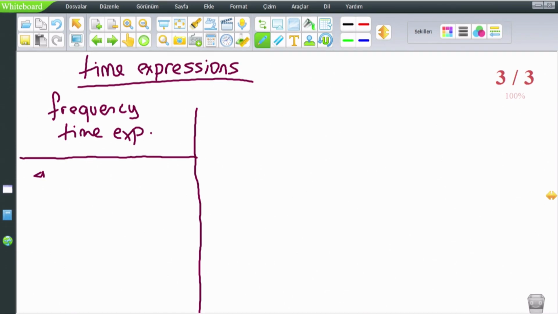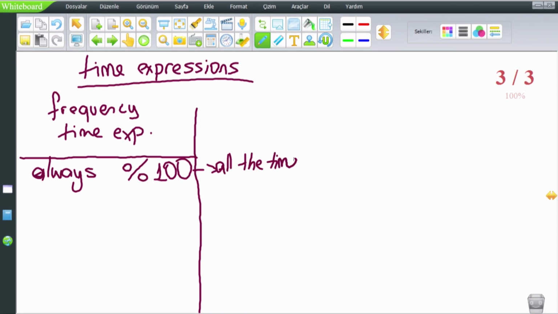Let's start with always. We are talking about some action that happens all the time. We have usually, which again, we are talking about an action that happens most of the time. So let's say 90%.